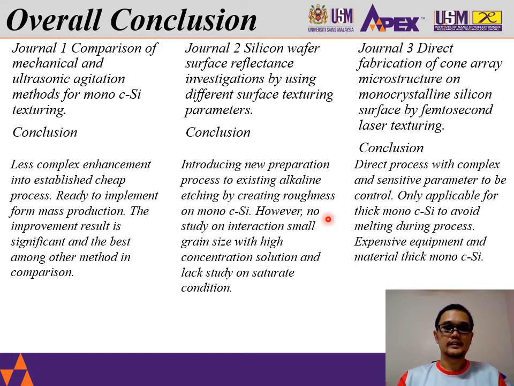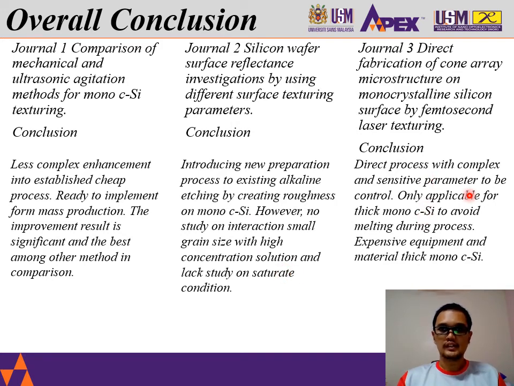However, this study is only limited to a small grain size of 8 micron, and it does not cover the many interactions in terms of saturated state of the grain as well as saturated state of the concentrations in the alkaline etching solution. However, this can be further studied from what has been reported now in Journal 2.